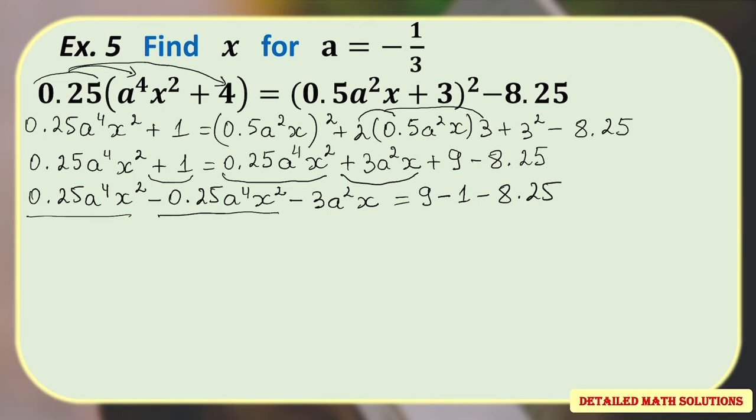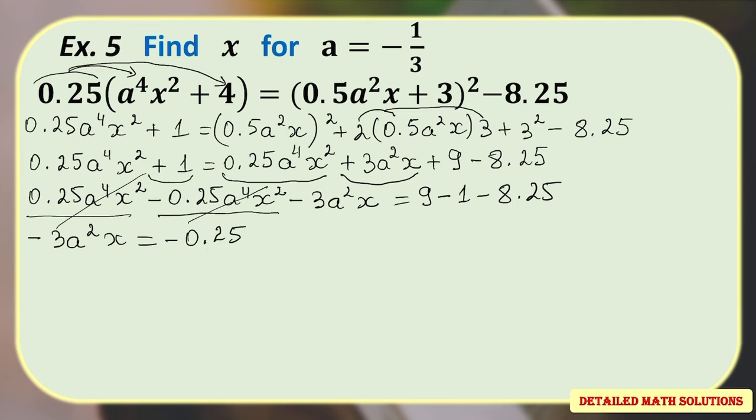Therefore, when I add those two terms, their sum equals 0, or they cancel out. What I have left is negative 3a squared x. And then I have 9 minus 1, 8, minus 8.25 is negative 0.25.